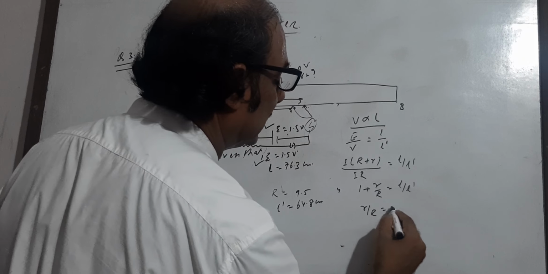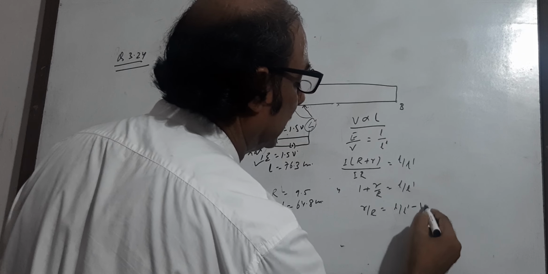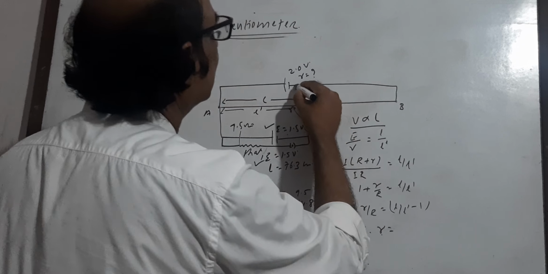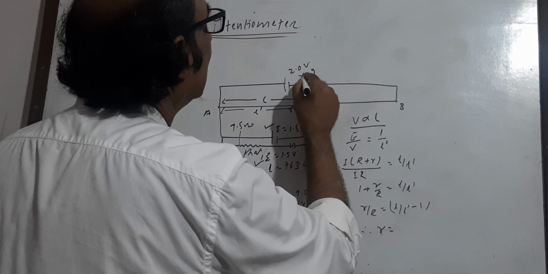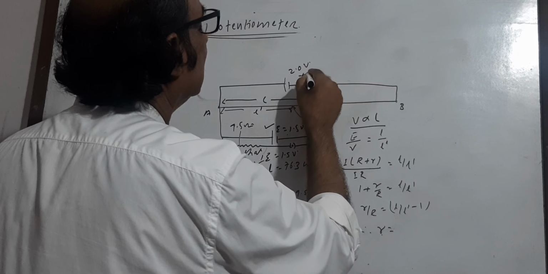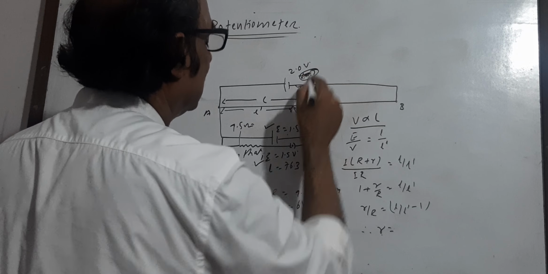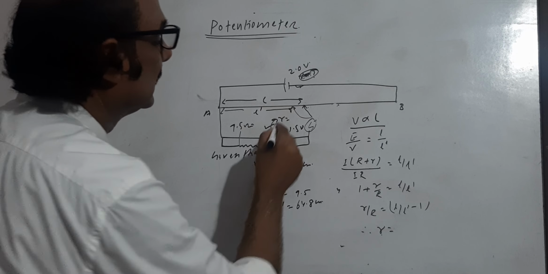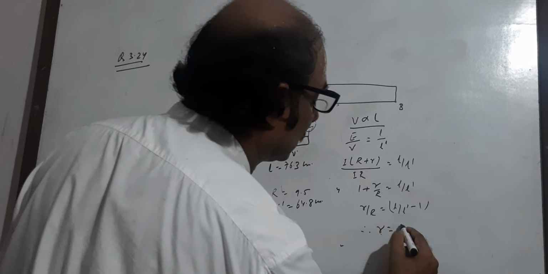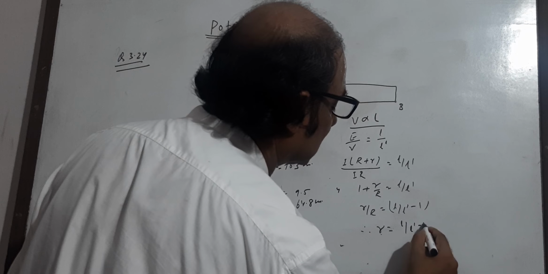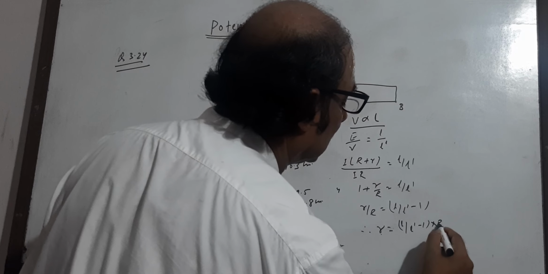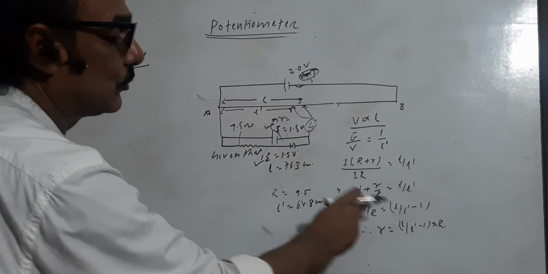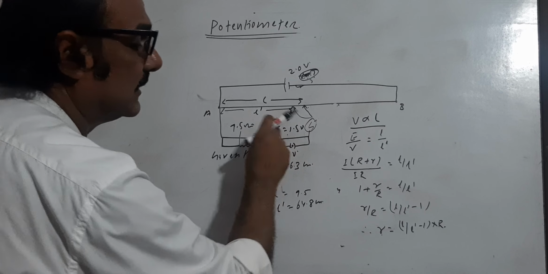So r by R equal to L by L dash minus 1, and therefore the internal resistance r equal to L by L dash minus 1 into R. There is a negligible internal resistance, but we have to find the internal resistance of this cell.